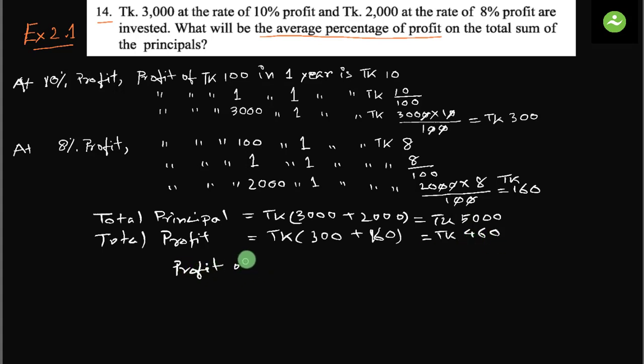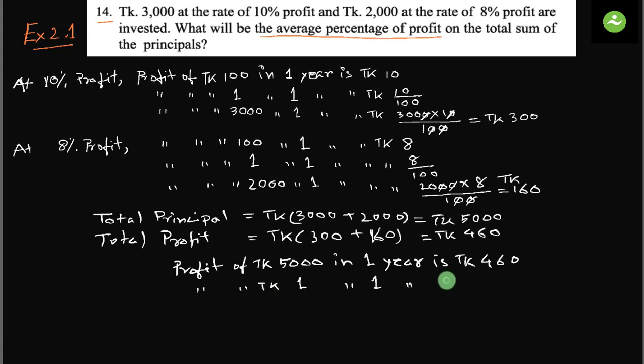Profit of taka 5000 in 1 year is taka 460. Profit of taka 1 in 1 year is taka 460 and 5,000 should go below.